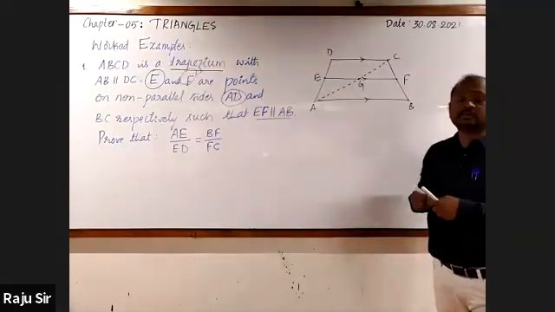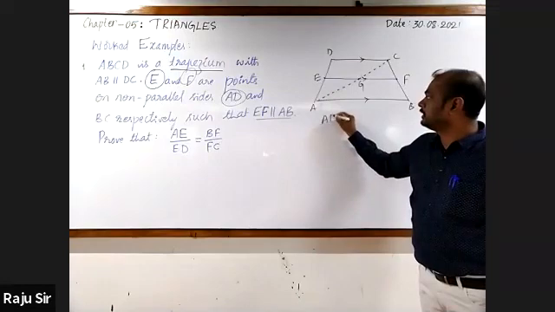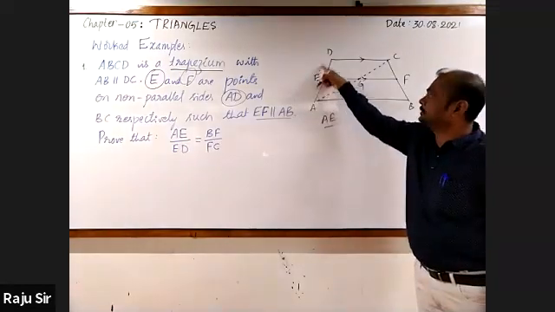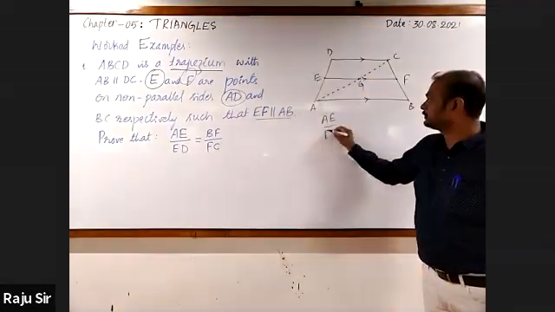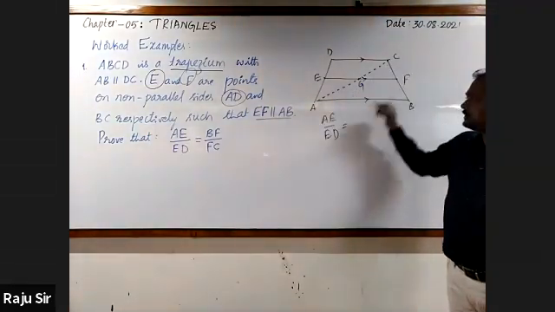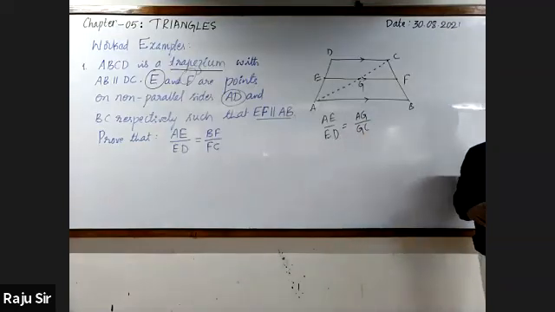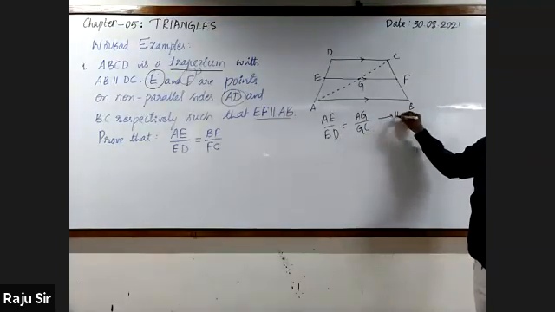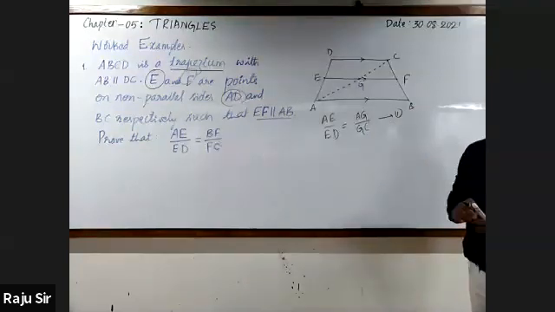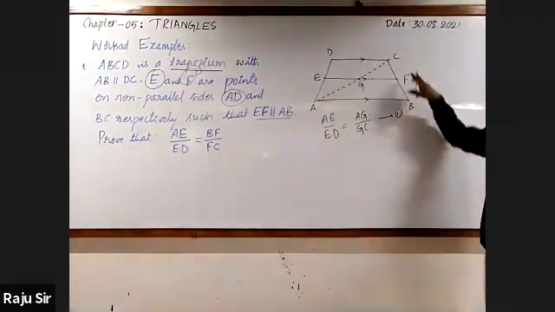Hence, according to BPT, AE by ED is equal to AG by GC. Let me call this statement 1. Similarly, let's take the triangle ABC.